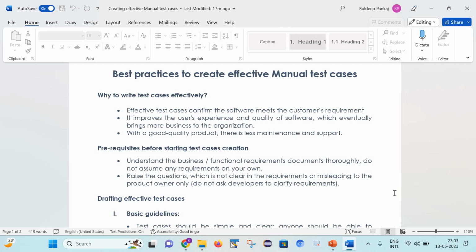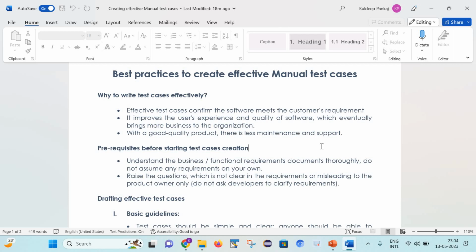And with a good quality product, there is less maintenance and support cost involved. So as a QA, it is our responsibility to always try to improve the quality of the software, and we should follow certain best practices, and creating test cases is definitely one of them, right?